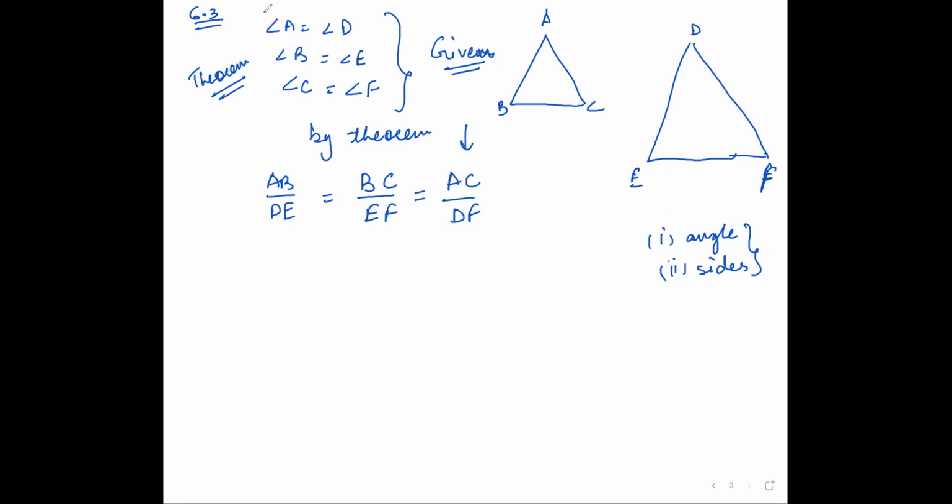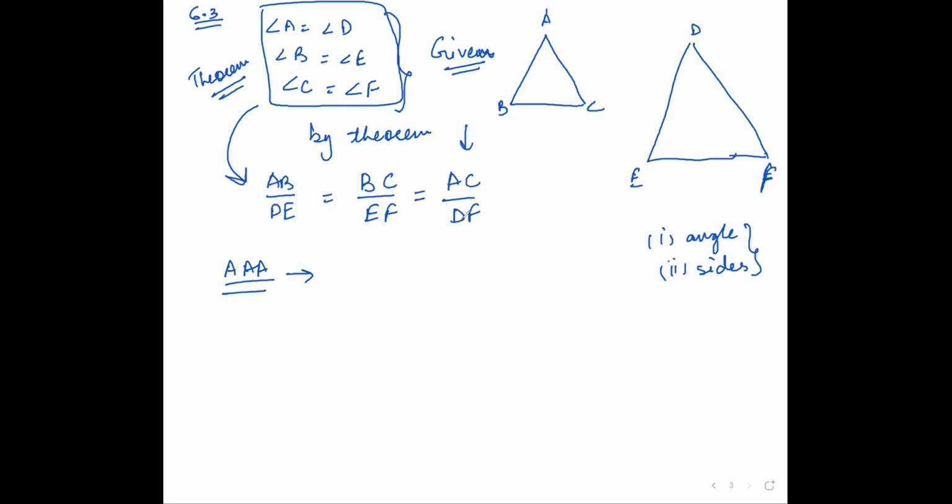So only by angles I cannot say that the triangles are similar. Because AAA criteria, by the name, it is visible that we are only talking about angles. But actually there is a theorem, Martin, that if all the angles are equal, then the sides are in proportion. So we don't write about the sides.